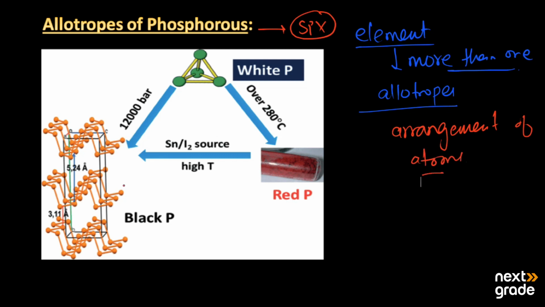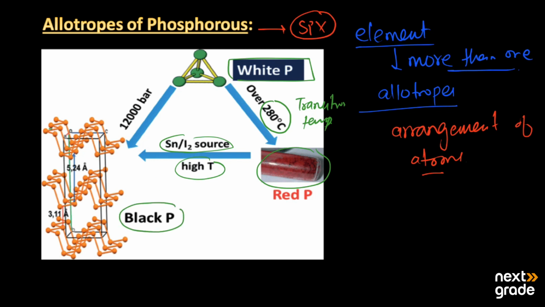Now here we have the 3 forms of phosphorus. The first one is white phosphorus, which above 280 degrees Celsius is converted into red phosphorus. So that temperature, 280 degrees Celsius, is known as the transition temperature. But on the other hand, when red phosphorus reacts with tin iodide at high temperature, it is converted into black phosphorus.